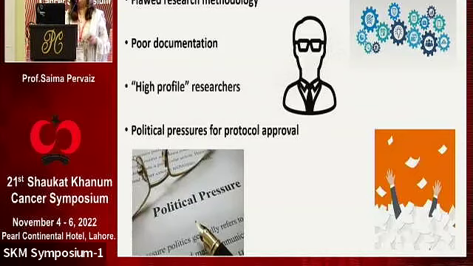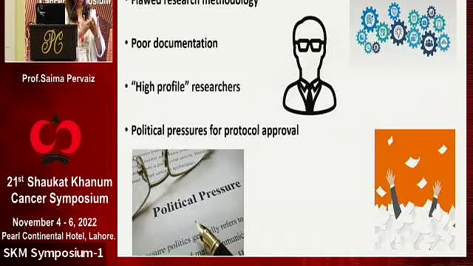I have put the term high profile researchers in inverted commas, because in our context, who is a high profile researcher? I would think a researcher who does good research ethically should have a good profile. But a lot of people who were not researchers, maybe they were very good clinicians, became researchers overnight. Then we had clinicians involved in research who were interacting with media.